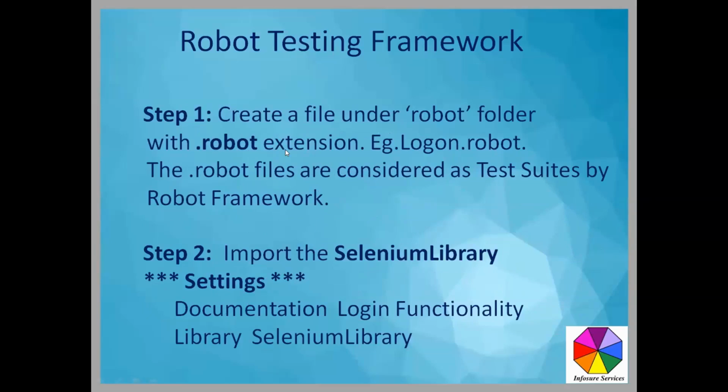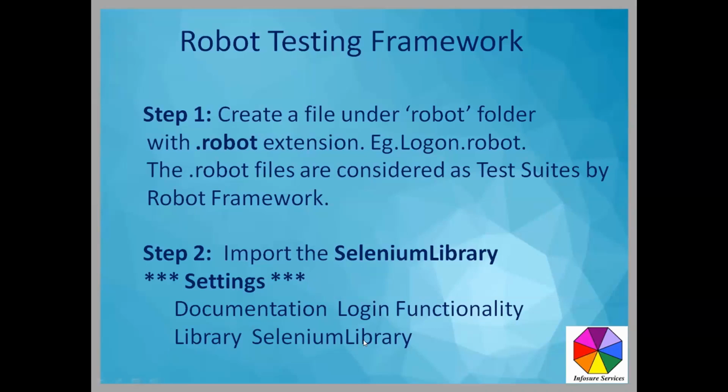The file is to be created as a robot file. Import library like this. In a Python program, you write import math, or import the library. We did import app, import PyTest. Here in this scripting language, we just use keywords: library, Selenium library, documentation, login functionality.